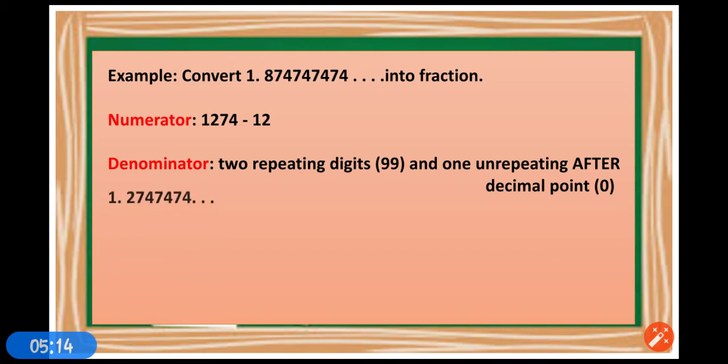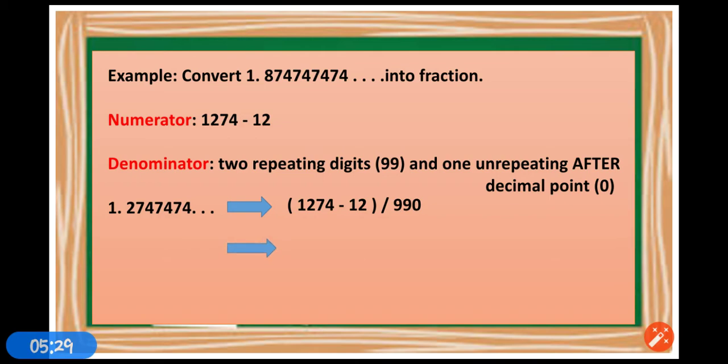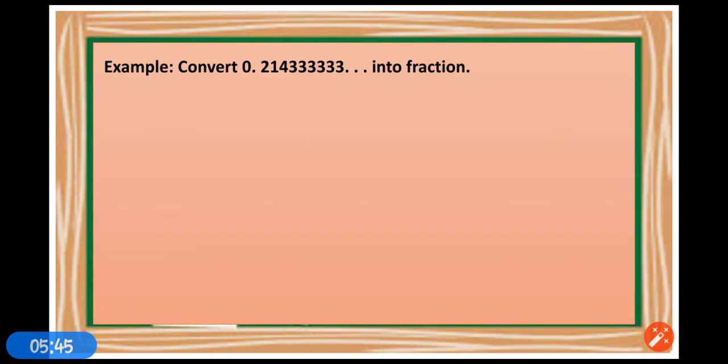So this is to be converted into 1274 minus 12 in your numerator part, and then we have 990 because we have 2 nines and 1 zero in your denominator. So this is simplified into 1262 over 990, and then this is reduced into 631 over 495. Alright, next one.